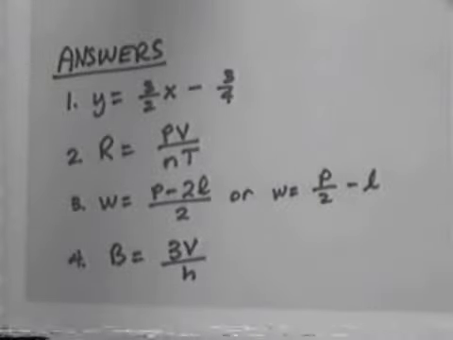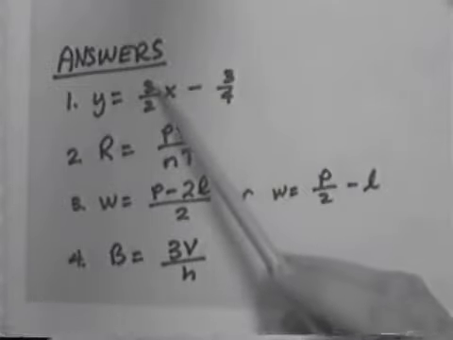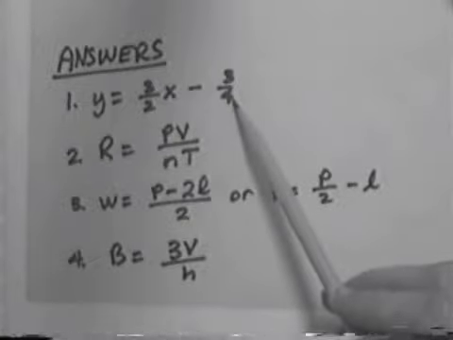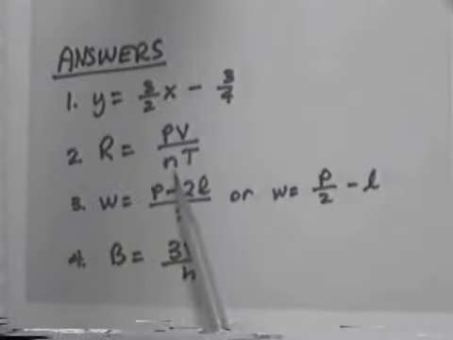Your answers should be, for number 1, 3 halves x, 3 over 2x, subtract 3/4. For number 2, R is equal to PV over nT.